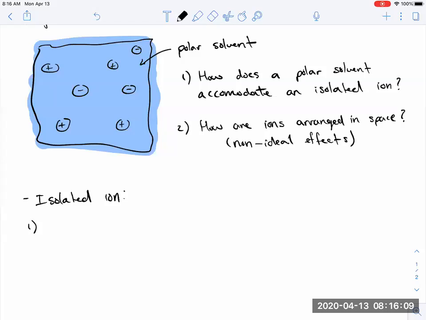So the first thing that happens when I place an ion in a polarizable medium, like a polar solvent, is that the solvent polarizes, and the way in which that solvent polarizes can be thought of as that solvent bringing up some effective opposing charge or counter charge to that solute.